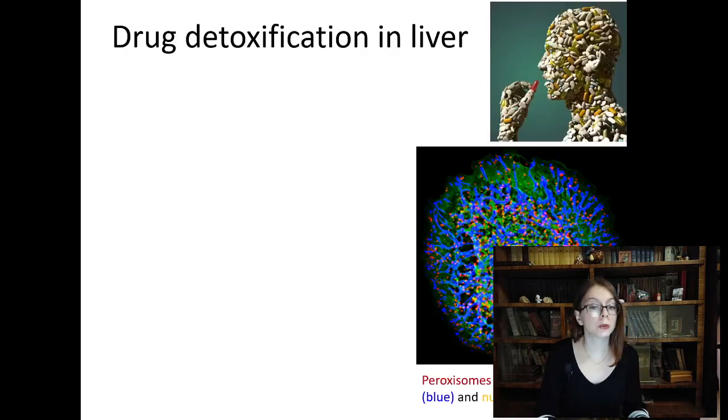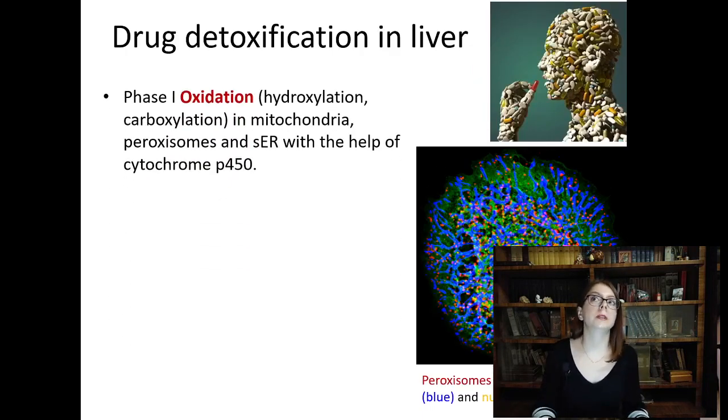First of all, drug detoxification. It has several phases. During the first, the cytochrome P450 in the smooth endoplasmic reticulum hydroxylates different substances, making them more soluble and more polar compared with the initial state, so they are readily dissolved in water.